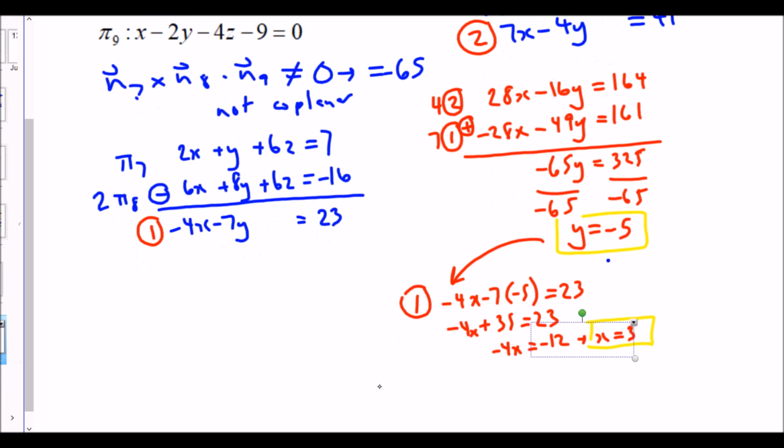So plane 9, I have x, but I know x is 3, so I'm going to have 3 minus 2 bracket negative 5 minus 4z minus 9 equals 0. I do some fancy math here, not really, just kidding. So that's 13 minus 9 is 4. So I bring that over to the other side. So here I get z equals 1.